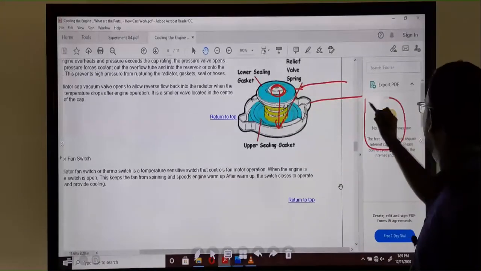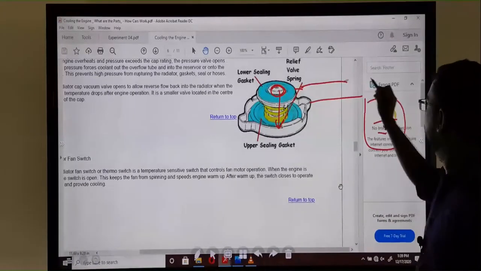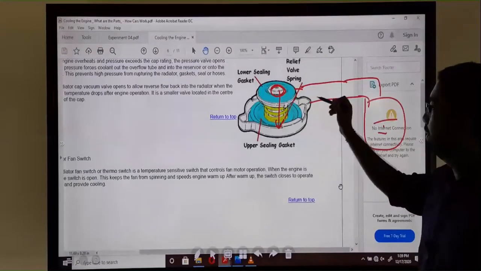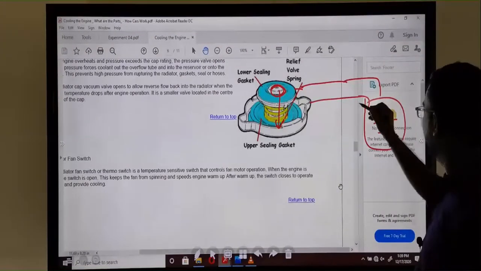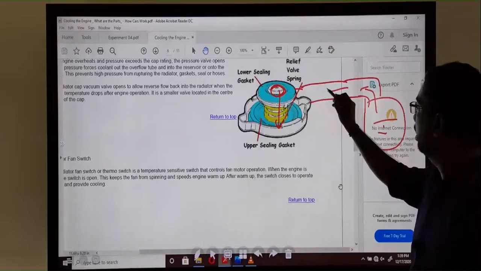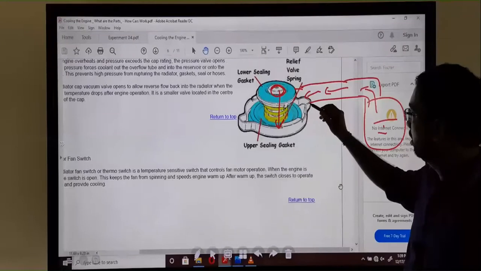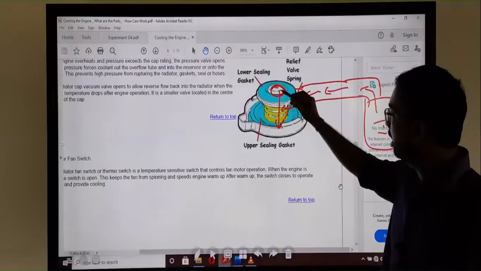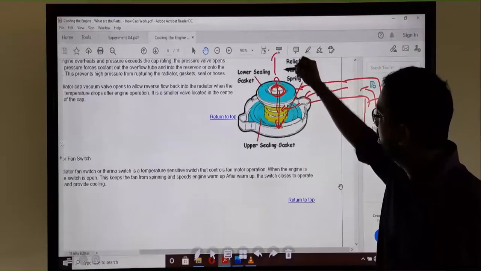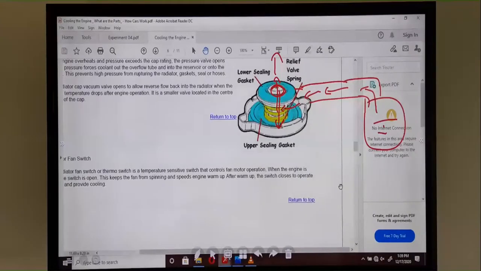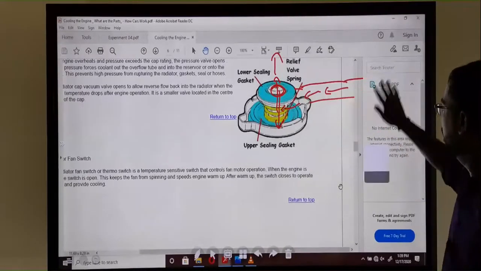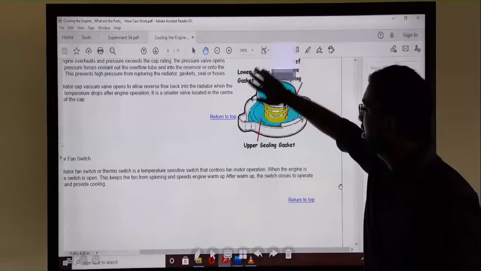Here there is an expansion tank. When it absorbs the vacuum, the coolant flows back, comes like this through the hole, and moves to the radiator.